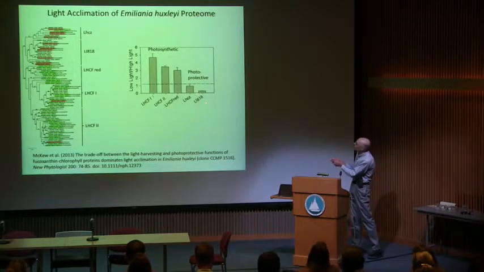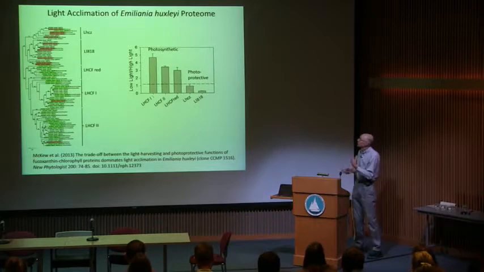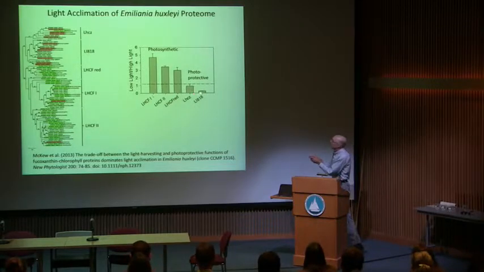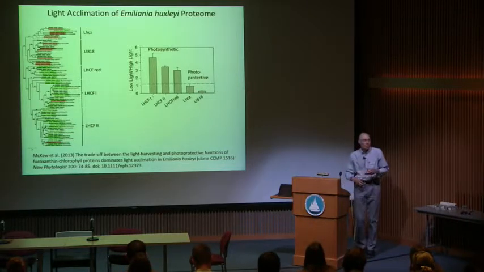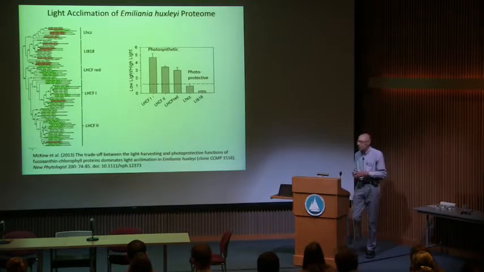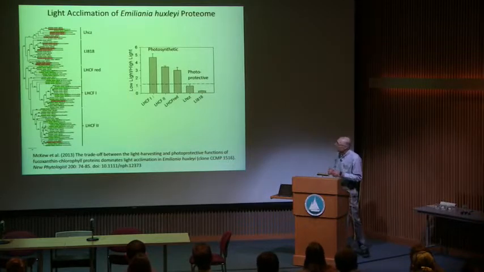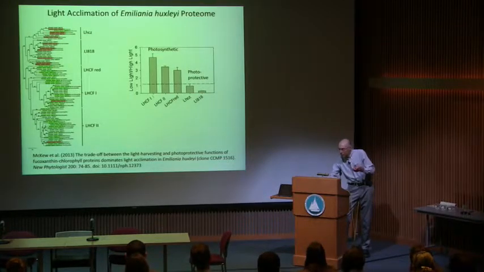Then we have these other two groups which are involved in photoprotection, and they're lower in low light, higher in high light. So these increase photosynthesis in low light. These provide photoprotection in high light. So the response is a little bit more complicated, but it's not unexpected.